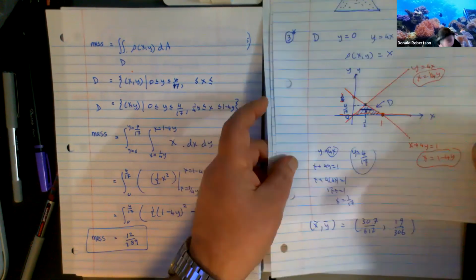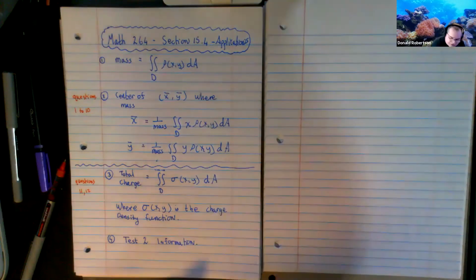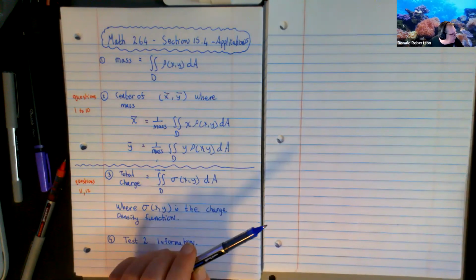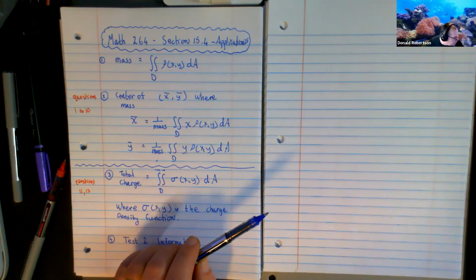Let's see if I can do another one that's just nicer numbers. This time I've got the solutions on it, but I can tell you right now, question 4 is nice on one side and really ugly on the other. Oh, this one's okay.